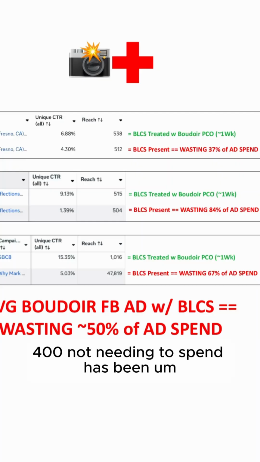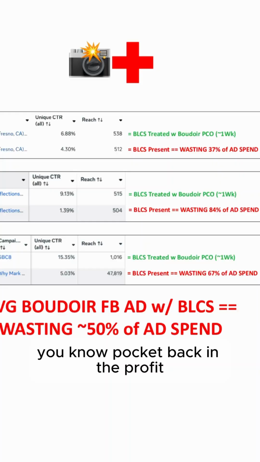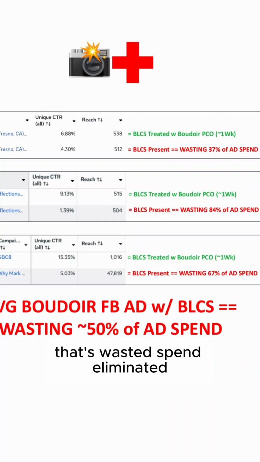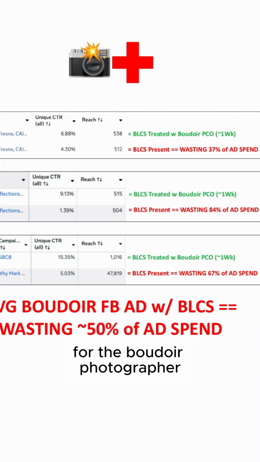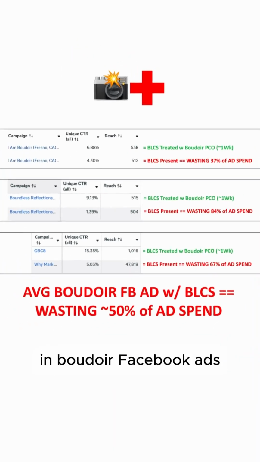So 8,400 not needing to be spent is back in the pocket, the phantom profit, because it doesn't need to be spent. That's wasted spend eliminated. That's like 100 grand over the next 12 months for the boudoir photographer that's spending 10K a month in boudoir Facebook ads.